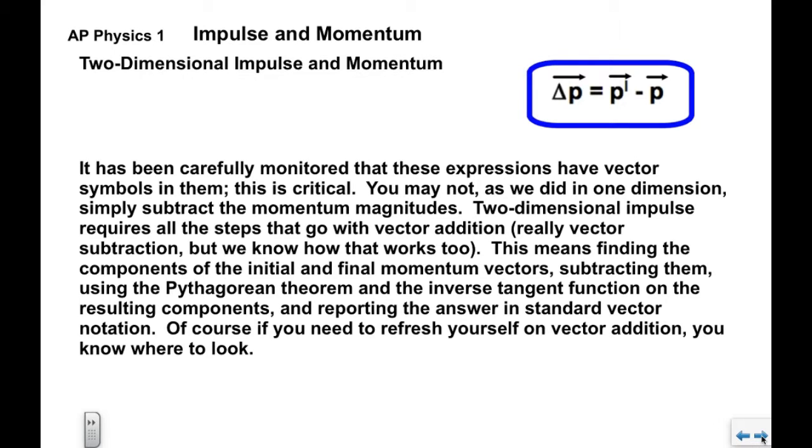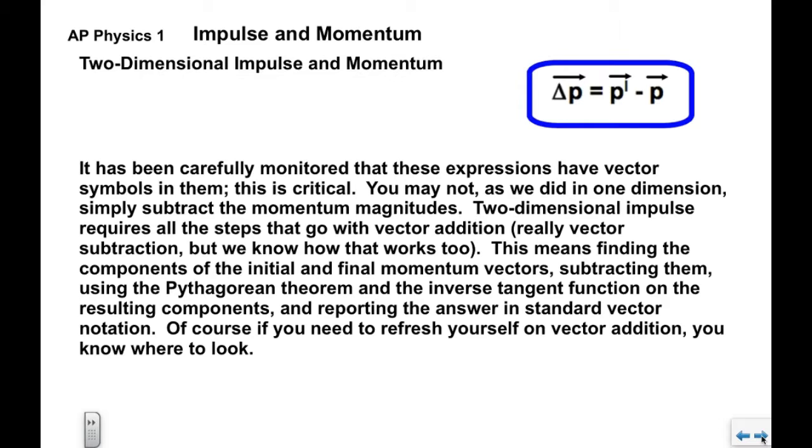You may not, as we did in one dimension, just subtract the momentum magnitudes. Two-dimensional impulse requires all of the steps that go with vector addition. We're subtracting vectors here, but we know how to subtract vectors also.